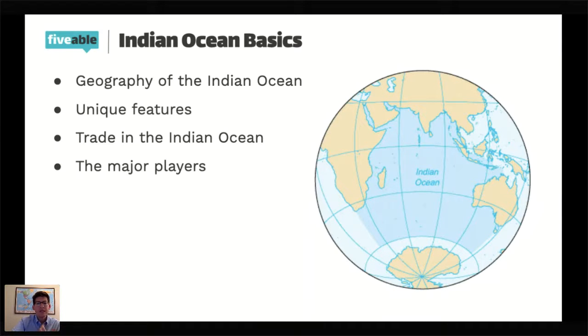This will also enable the spread of ideas across the Indian Ocean, and that's going to become a major point today, especially when we think about the effects of the growth of Indian Ocean trade. It is that spread of ideas, religions, that really come to define the cultural interactions of the Indian Ocean.